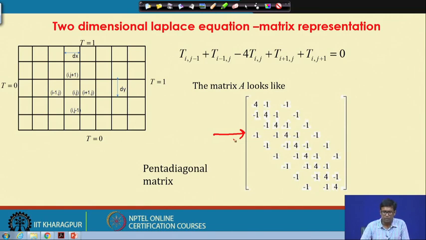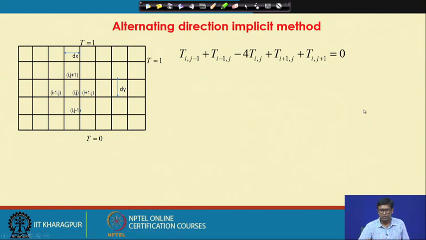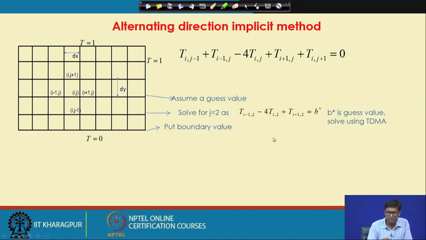So, what we have to do here, there is an application of TDMA which is called the alternating direction implicit method, which will be applicable here. It starts with this particular equation and tries to make it TDMA in the sense that it assumes a boundary condition for the j is equal to 1 row and a guess value for the j is equal to 3 row.